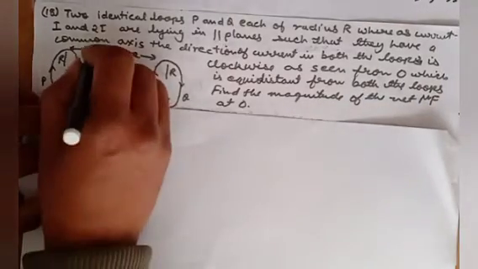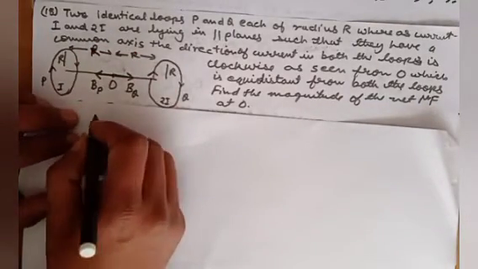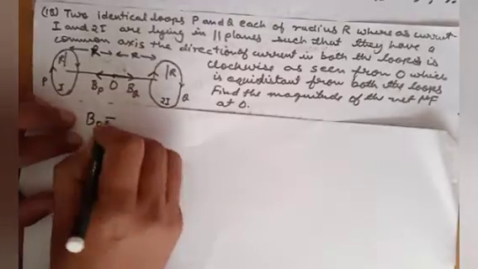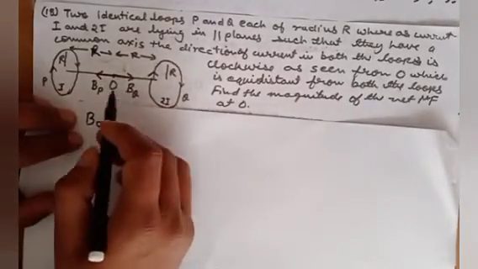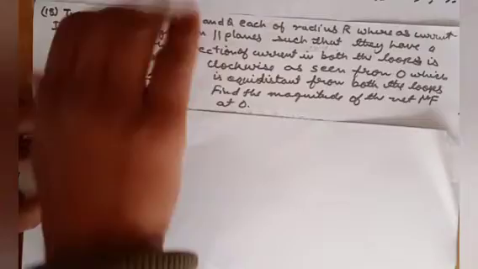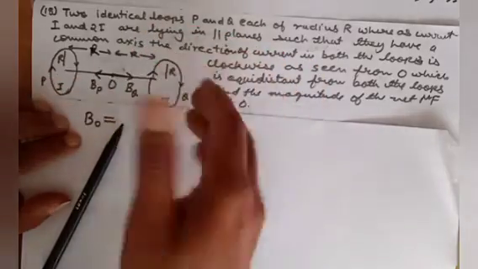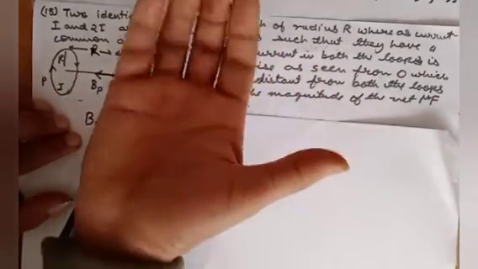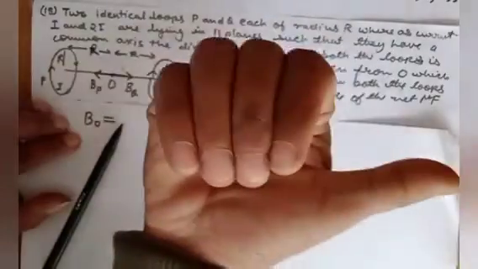So R is the distance. All right, so what will happen here, B at O will be equal to, actually this wasn't given here, but I have marked this because for first coil magnetic field is like this, actually current is like this, so magnetic field going this way, and here current is this direction, so magnetic field will go that way.